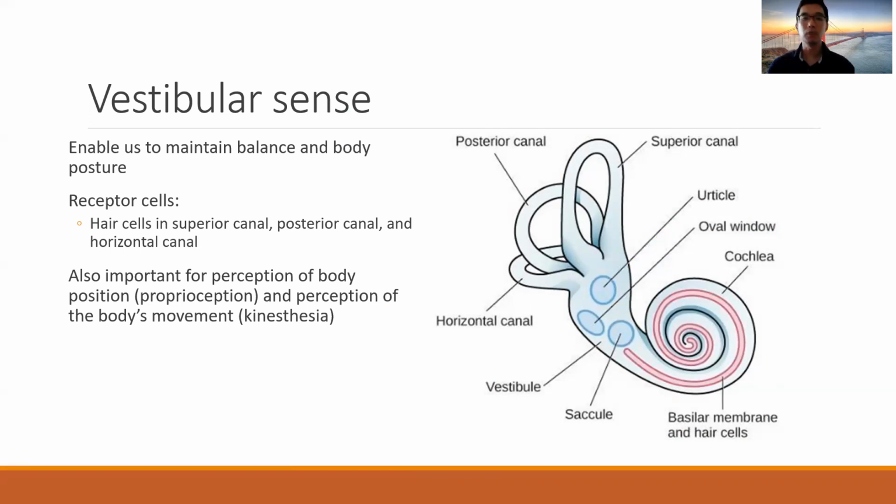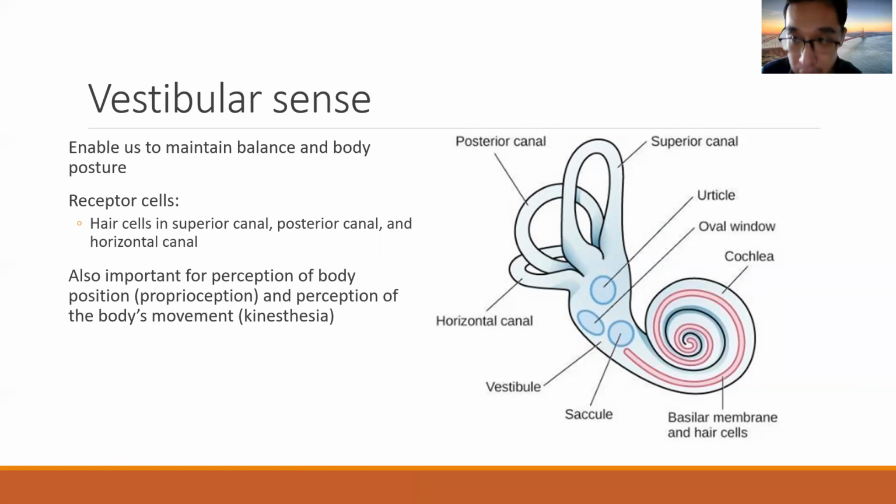So when we are moving, we can know it. That's the vestibular sense. Why can we maintain the balance? Because we know what direction and what speed our body is moving. So when we are about to fall down, we can know it directly, very quickly.